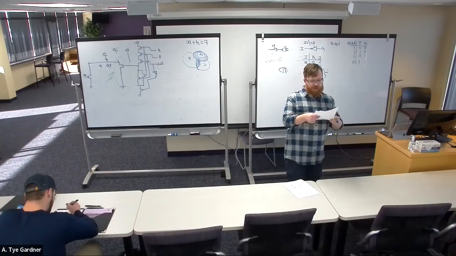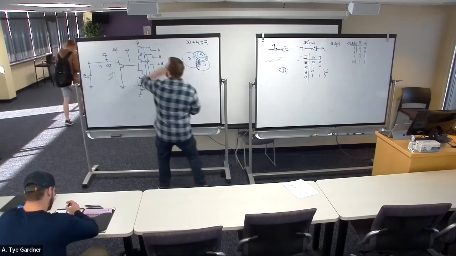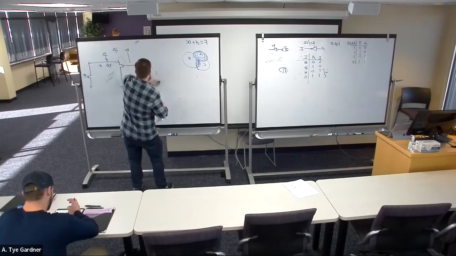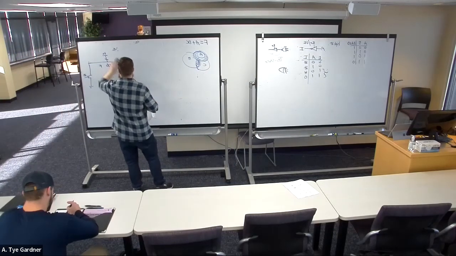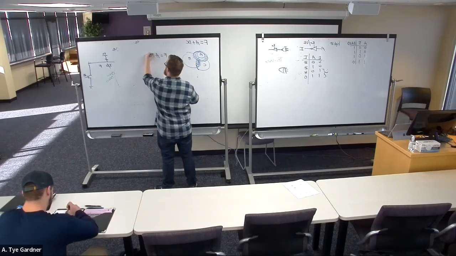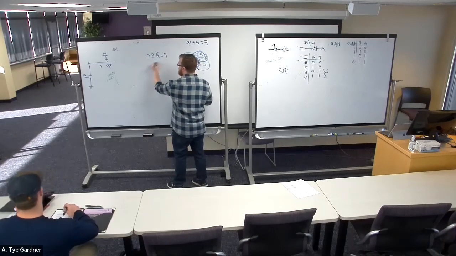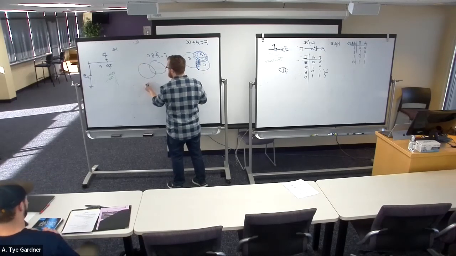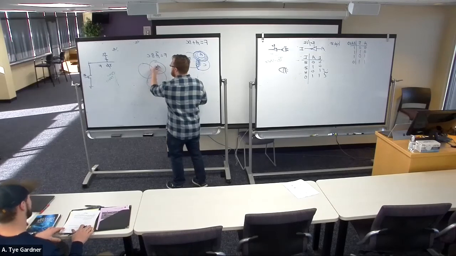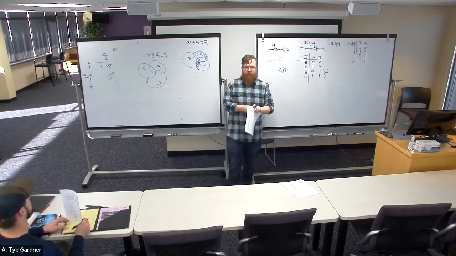The hardest one is the F. Is not A and B and C, which we have to start figuring out where each of these regions are.